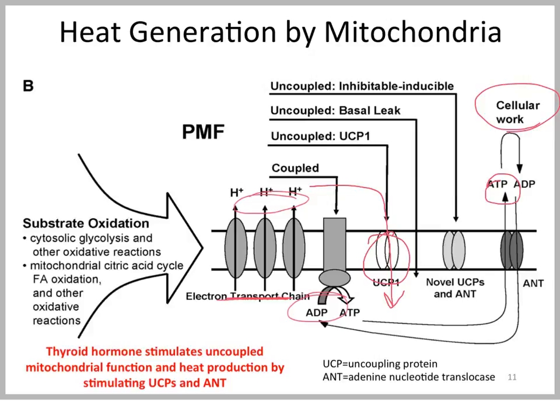And as we mentioned, basically, thyroid hormone can increase not only the uncoupling proteins, so thyroid hormone has an action there, it can also increase the formation of these nucleotide translocases that have an impact on efficiency of the whole process as well.